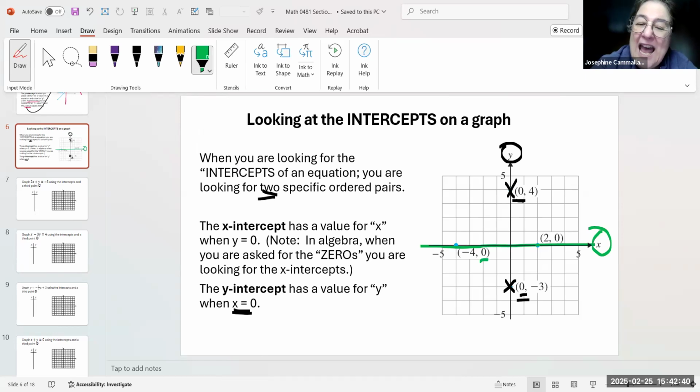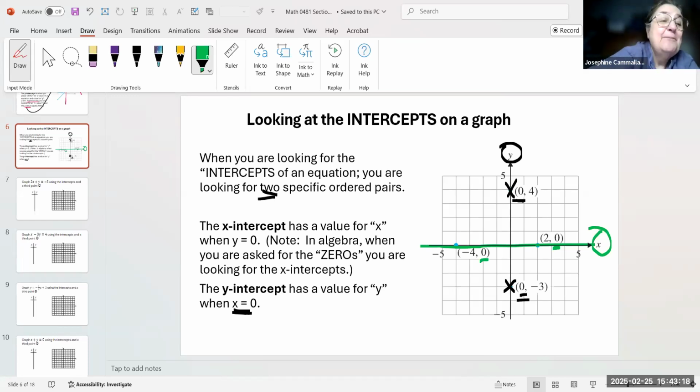My y values are 0. So the terminology of saying an x-intercept of 4 is saying we have an ordered pair of (4, 0). If we're given a y-intercept, we know that it's the ordered pair with 0 first, then the y value.